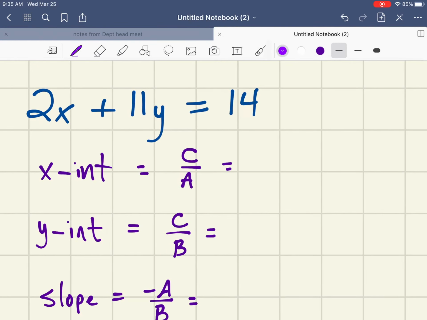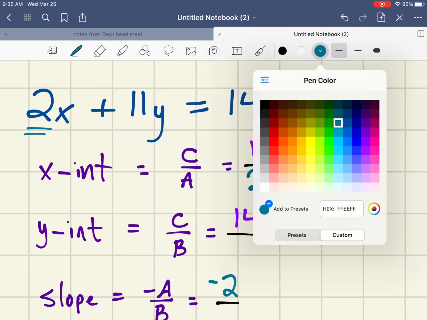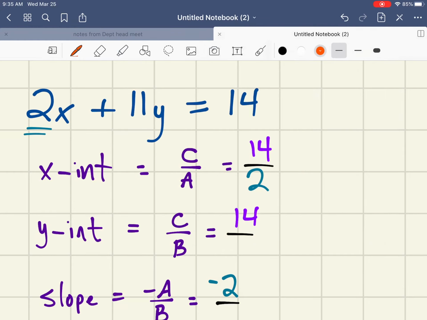So the c value in this problem is 14. The a value in this problem is 2. And the b is 11.